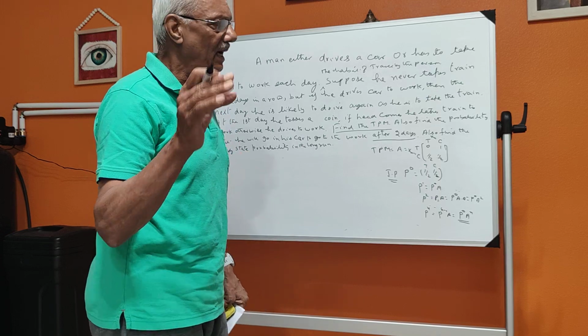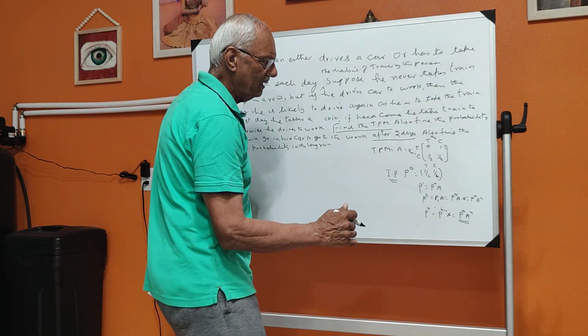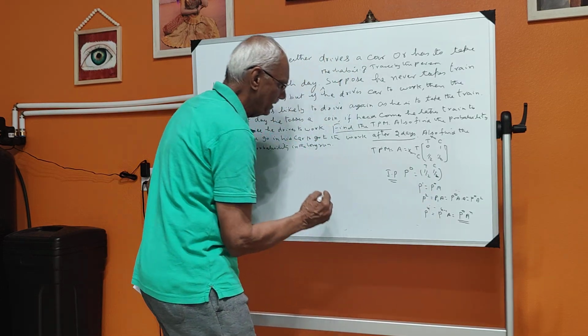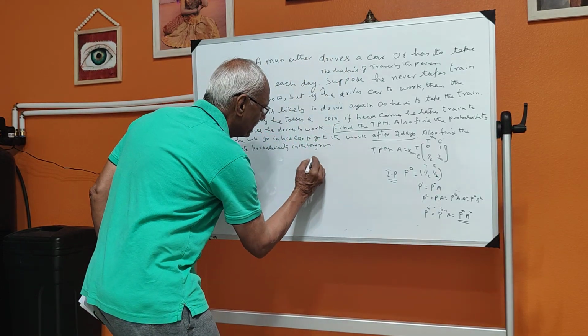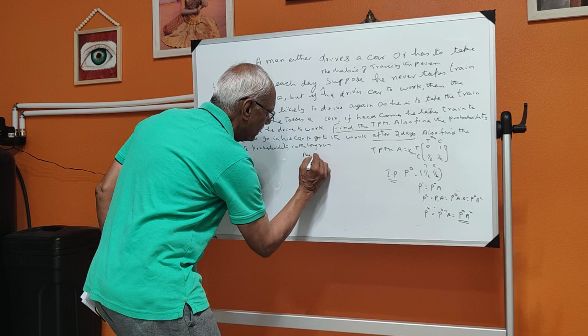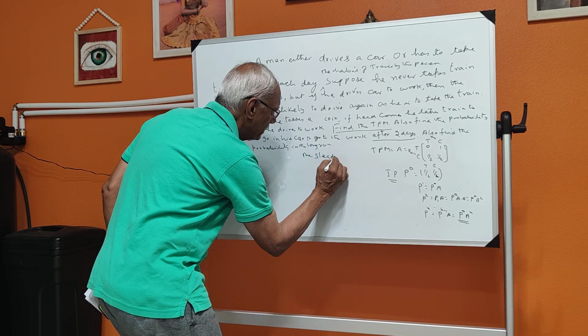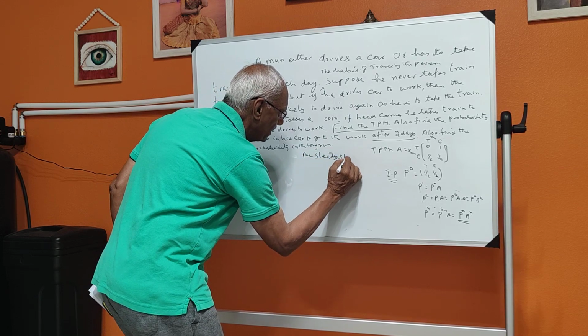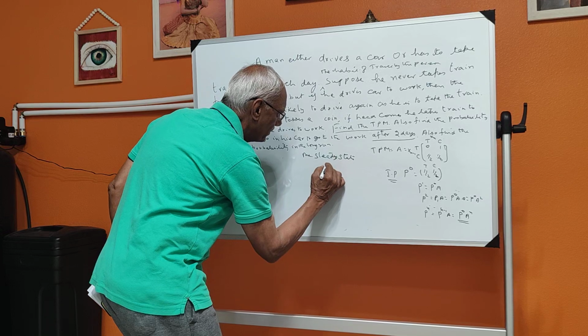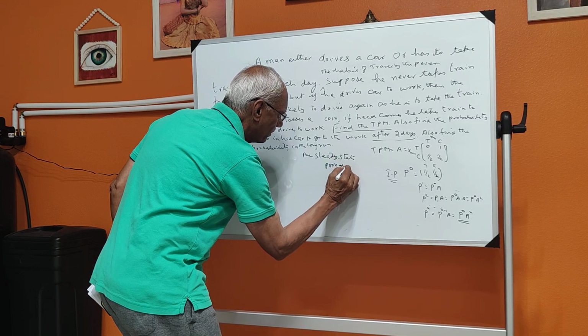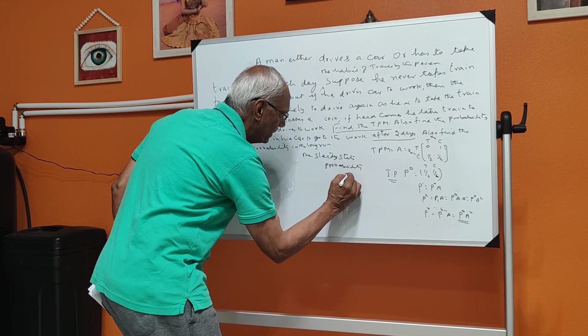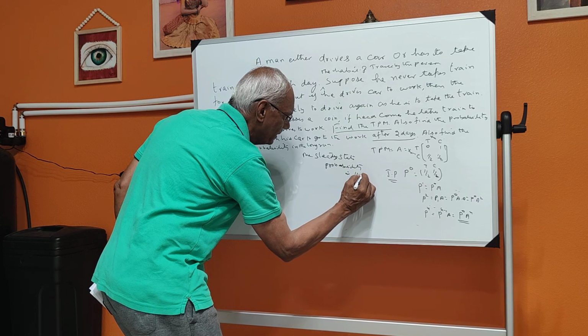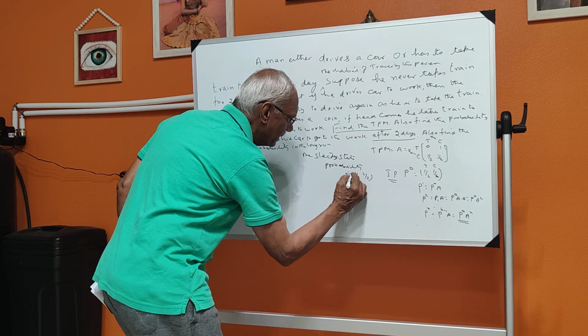That was the first step, and that was also done. In fact, in steady state, the steady state probability is 1 by 3 and 2 by 3.